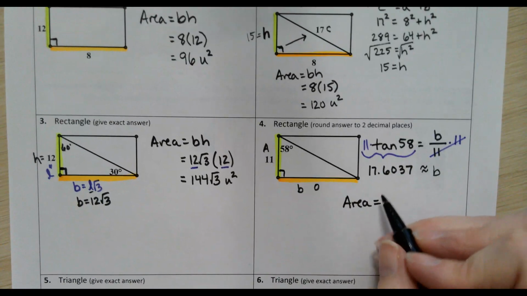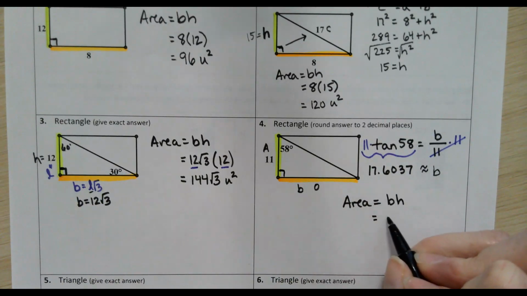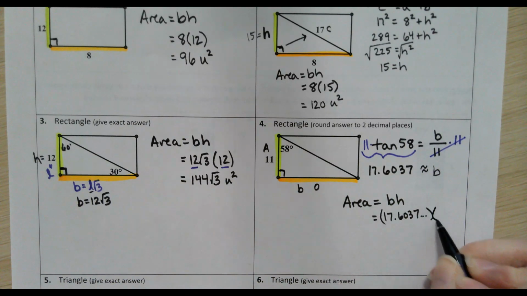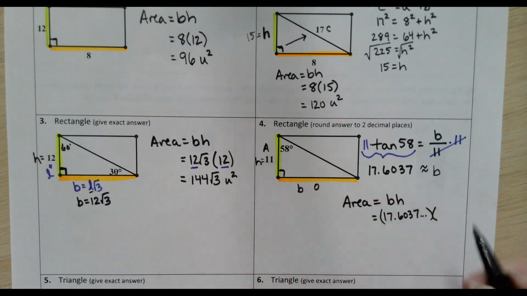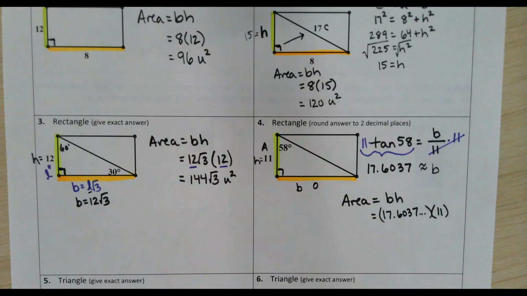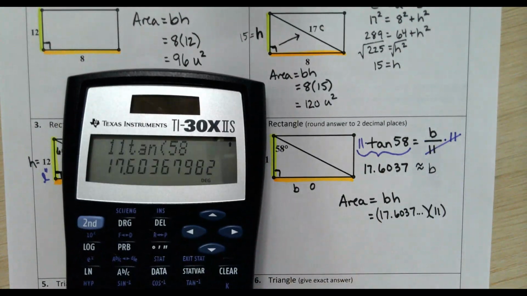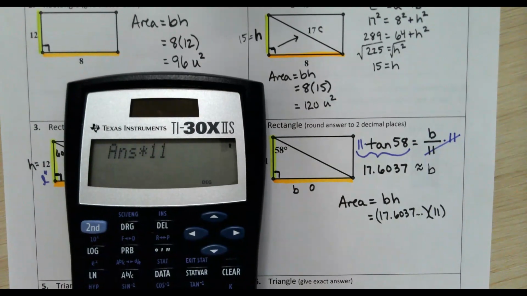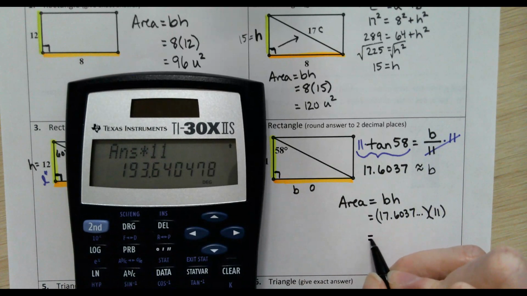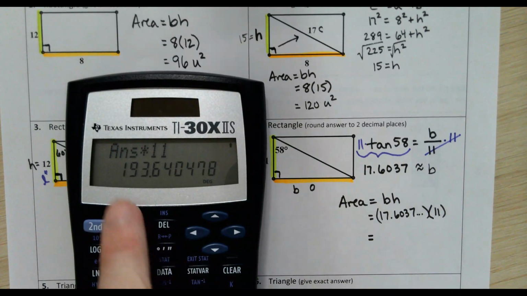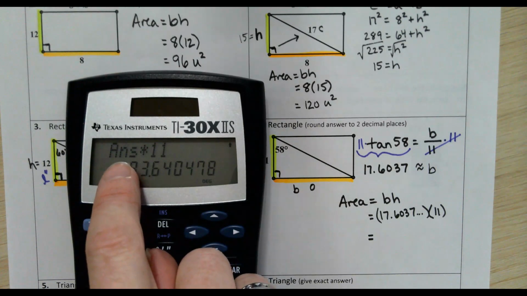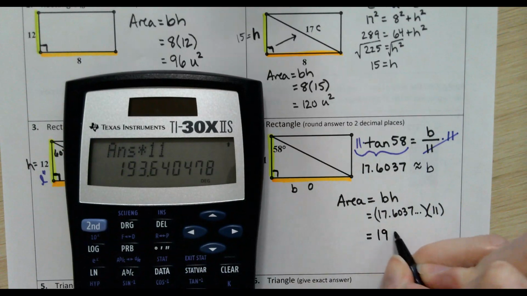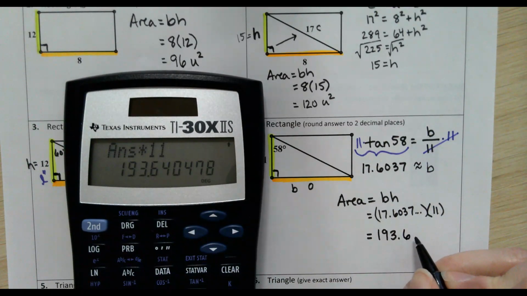Area will tell me I need to do base times height. So that base, 17.6037 with a bunch of other decimal places attached, is going to get multiplied by that height that I highlighted earlier, so 11, which is why I said to keep that decimal on your screen, because now that you have that sitting there, you can just click times 11, and it will take that whole decimal and multiply it by 11, which means we're avoiding what we call round-off error, because that whole exact number is in there where that answer is typed, and then it gets multiplied by 11, and we can officially round now at the end of the problem instead of along the way.